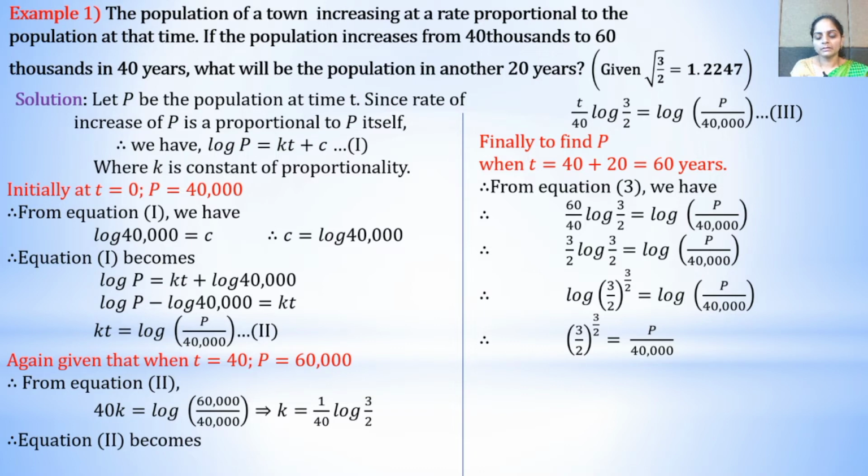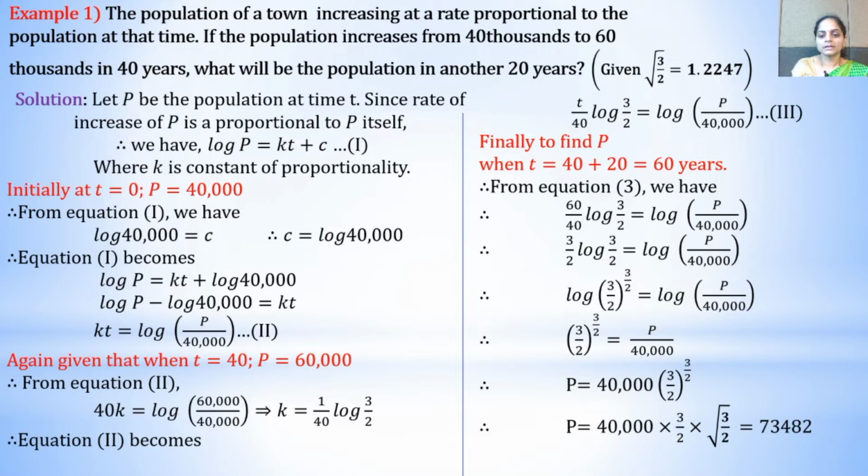Now we take the term 40,000 to the other side. So it becomes P equal to 40,000 into 3 by 2 raised to 3 by 2. We know that 3 by 2 raised to 3 by 2 is also written as 3 by 2 into root of 3 by 2. So we get P equal to 40,000 into 3 by 2 into root of 3 by 2.